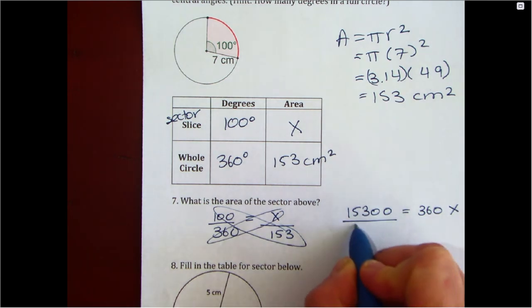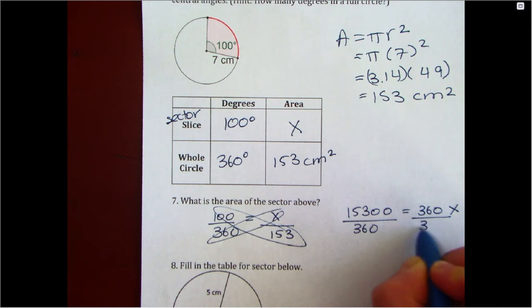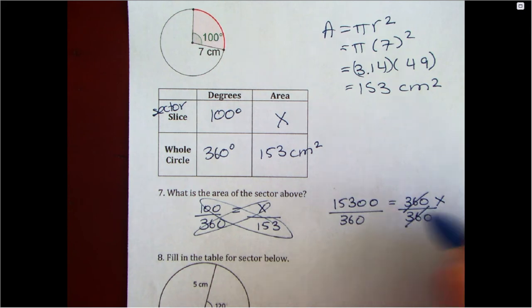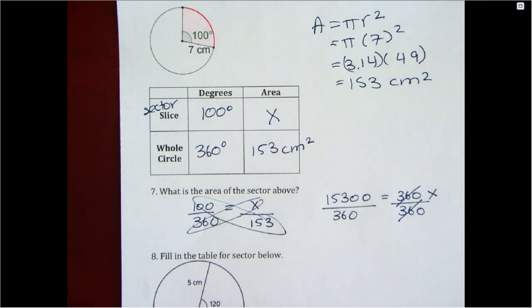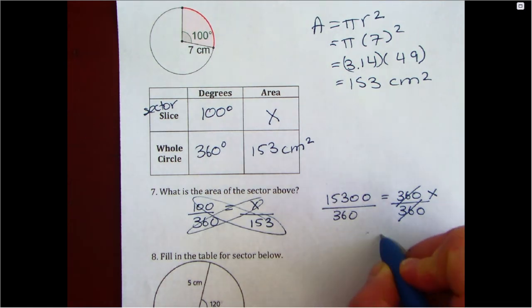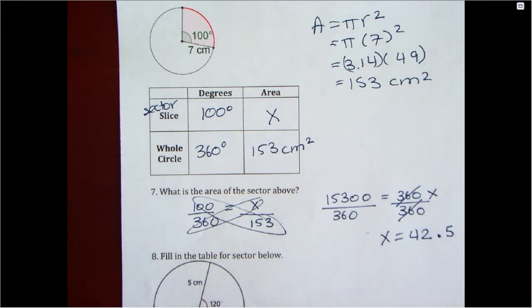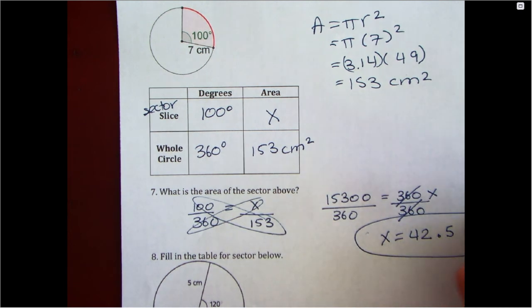Now we're going to divide by 360. Cross out the 360 and put that in my calculator. I end up with 42. X is equal to 42.5 inches squared. That is the area of the sector.